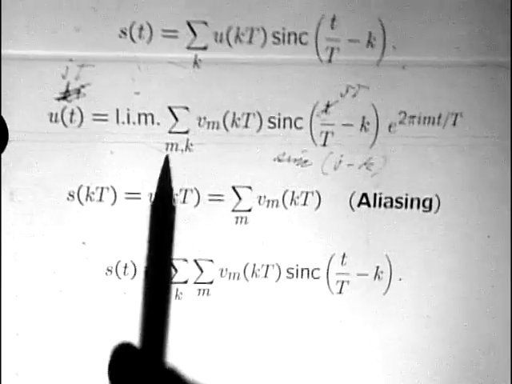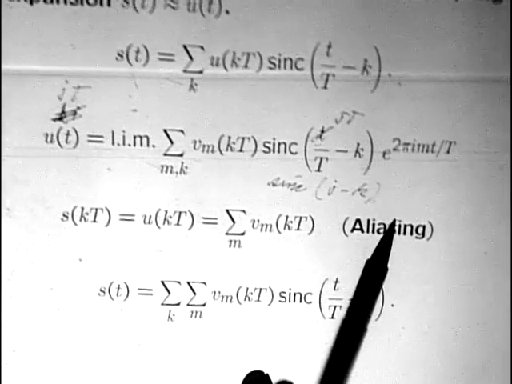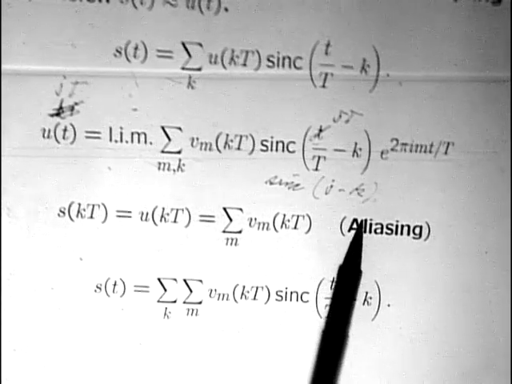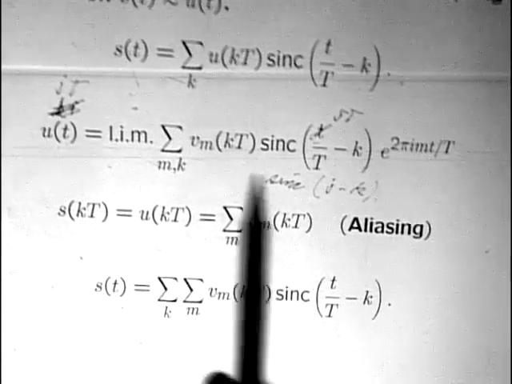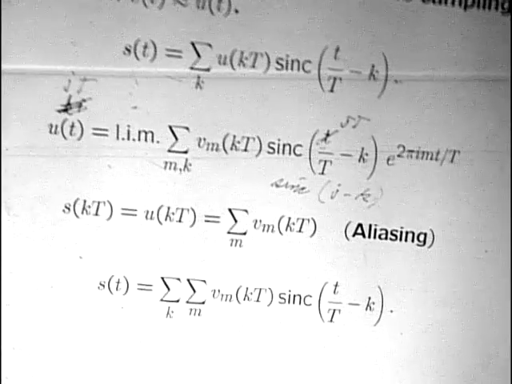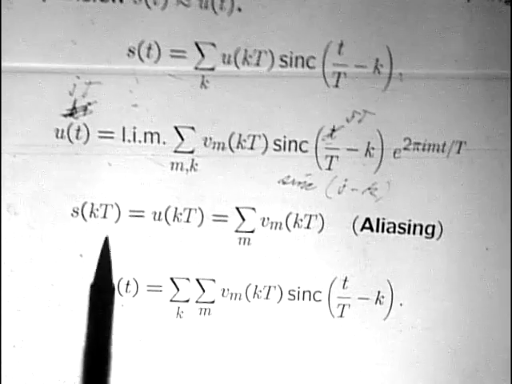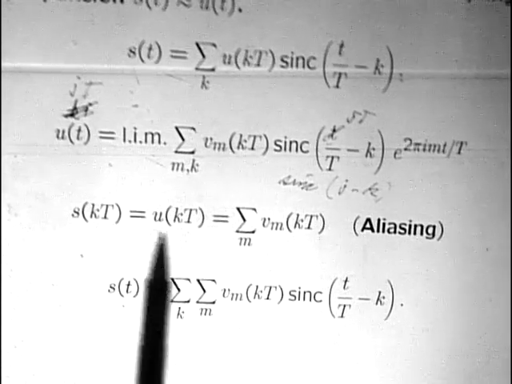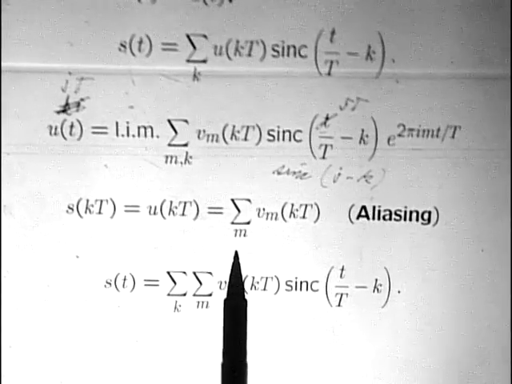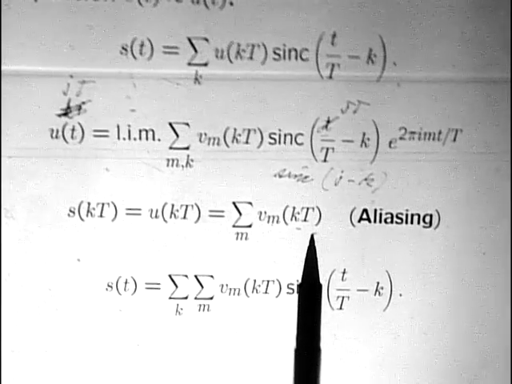So we have a sum here over all k of sinc of j minus k. Sinc of j minus k is 0 for all integers k except for j. Therefore, this quantity is 0 every time k is not equal to j, and therefore we just have the sum over m. So s of kT is equal to u of kT, which is equal to the sum over all frequency bands m of v sub m of kT.